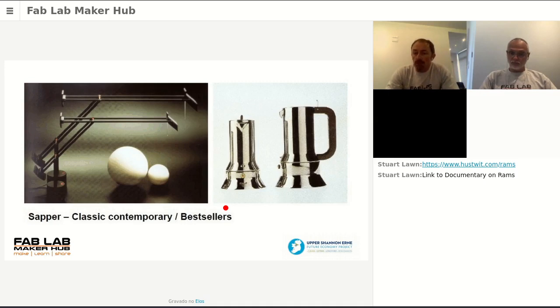A big seller. On the right-hand side there, one of my own personal favorite products is the espresso maker, which again was designed in about 1974 or 75. Still in production today, still one of the best espresso makers in the world. I have one and use it every single day, at least once a day, if not twice.